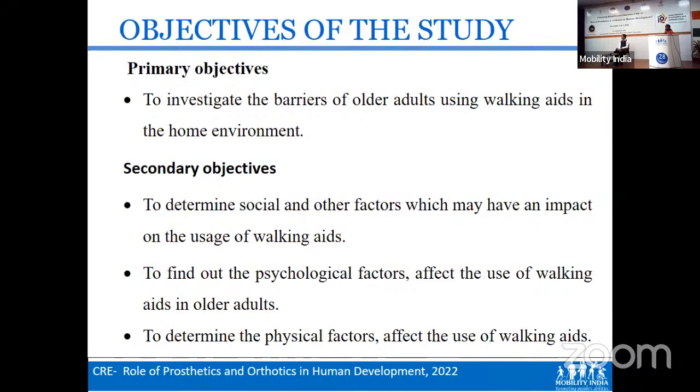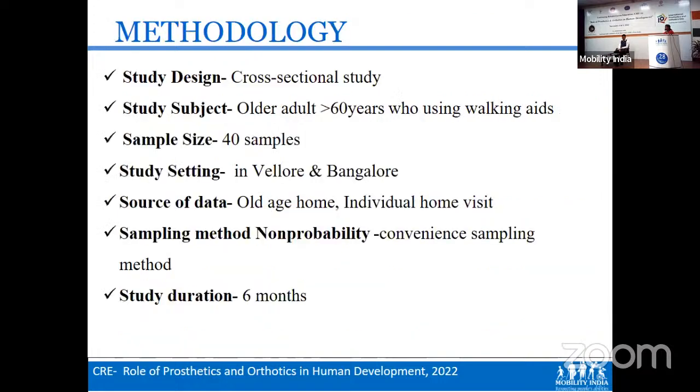The primary objective of my study is to investigate the barriers of older adults using walking aids in the home environment. My secondary objectives are whether the social factors, the psychological factors, or the physical factors affect the usage of walking aids.